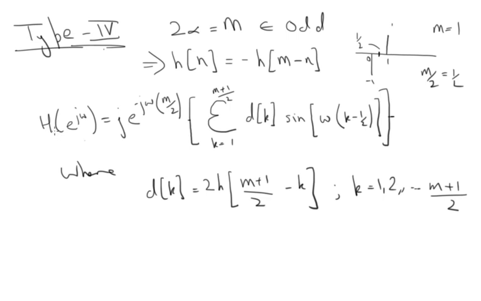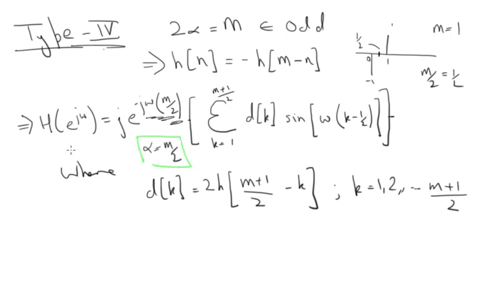I have only proved or calculated this h of e raised to power j omega, the frequency response of h of n, for type 1 systems. For type 2, type 3 and type 4 systems, I am writing the frequency responses. So here again you have alpha is equal to m by 2.